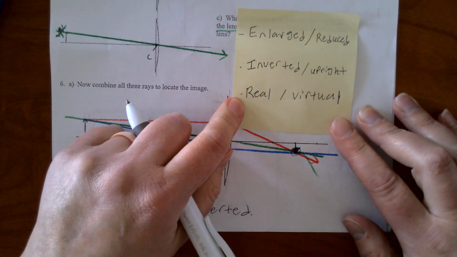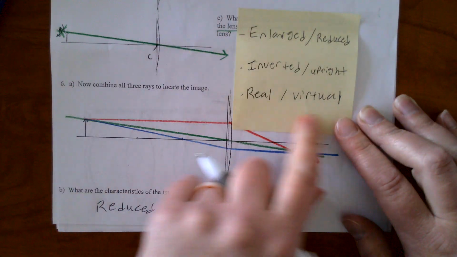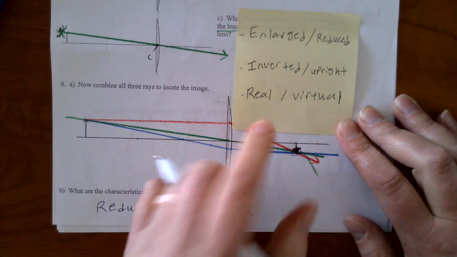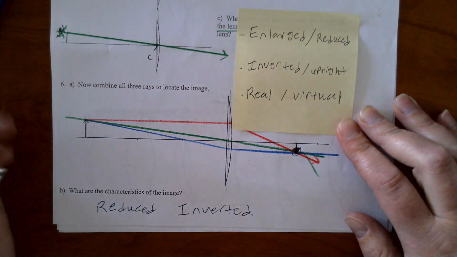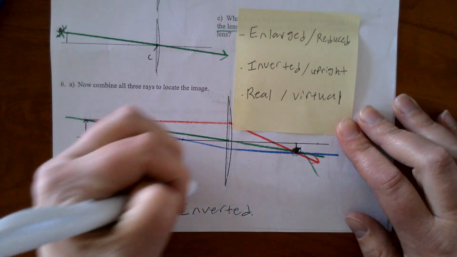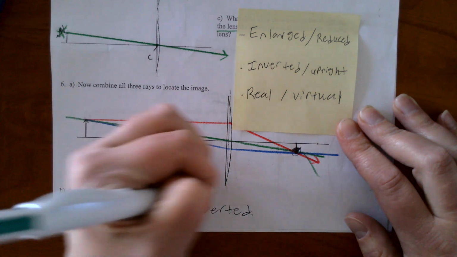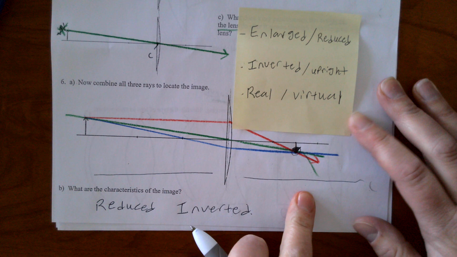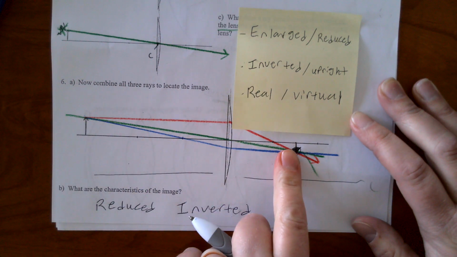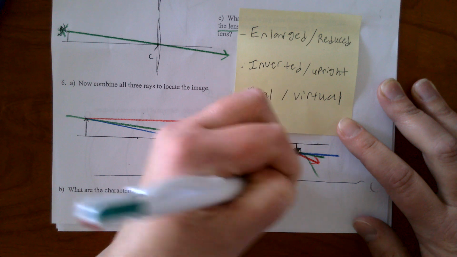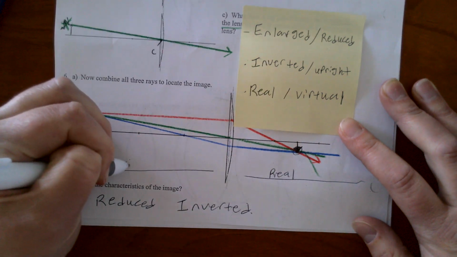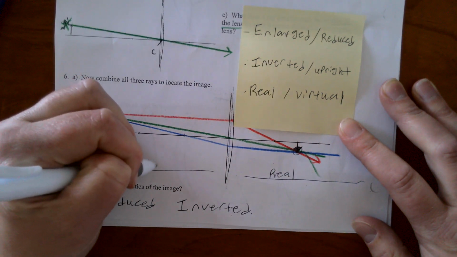And now we come to real and virtual. Like we said before, in front of the mirror was real, in back of it was virtual. For lenses, it's the opposite. So over here, compared to over here, when we have light coming straight through, that is where our real images are going to be, whereas our virtual images are back here.